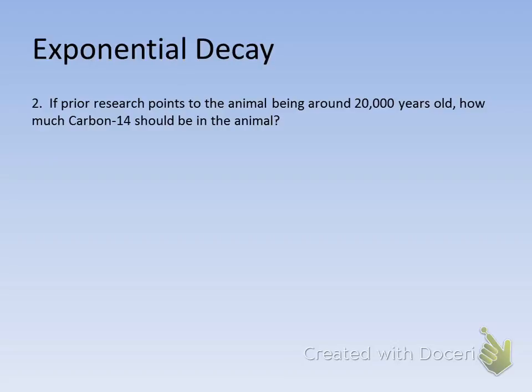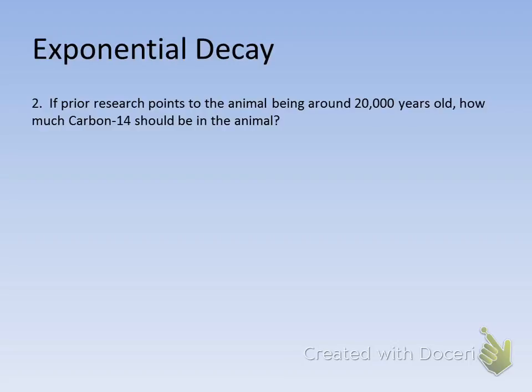If prior research points to the animal being around 20,000 years old, how much carbon-14 should be in the animal? Okay, so now we change what we're looking for. We know K, obviously.